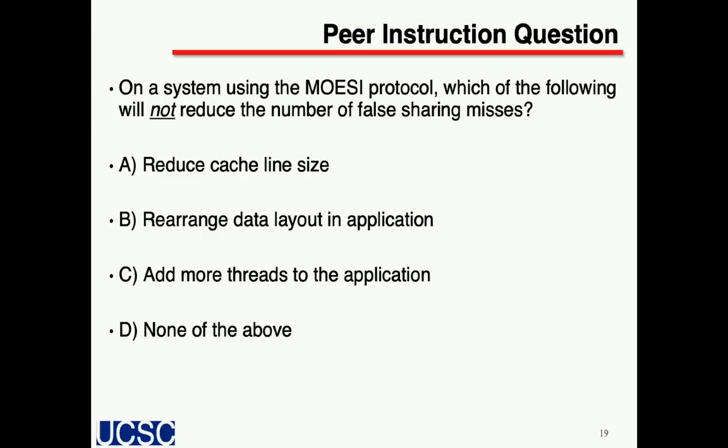You don't know, because you have no idea what the thread application behavior is going to be like. So, in my opinion, C was kind of 50-50. It might improve it, it might not improve it, probably won't improve it, but it certainly will not improve it. You can't guarantee that adding threads is going to not work, so that's why I chose D.